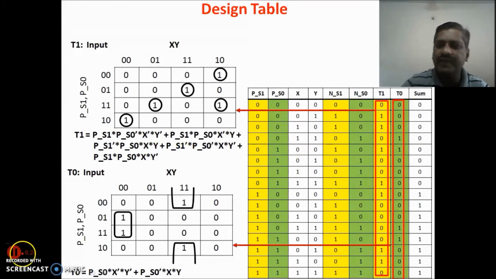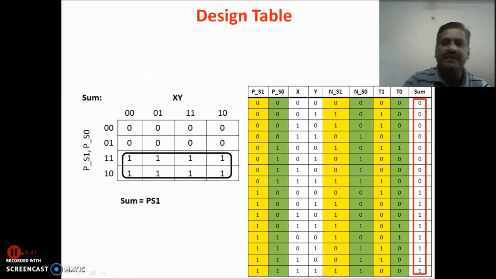Similarly, we have prepared the Boolean expression for the T0 input, and this is for the T1 input. Finally, we have prepared the Boolean expression for the sum. This is 0, this is 1, that's why here sum is equal to PS1.